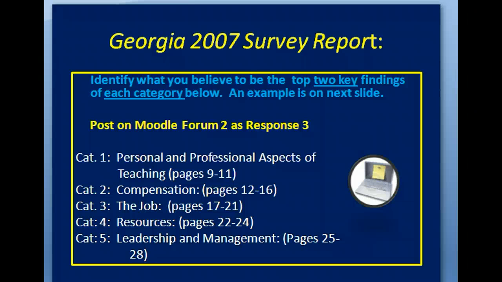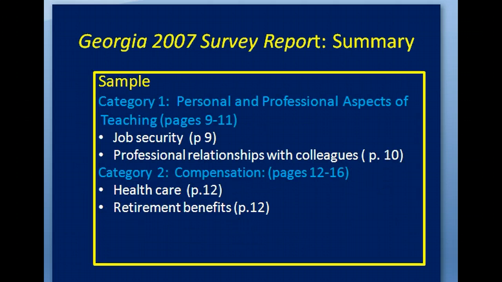So in other words, category 1, personal and professional aspects of teaching, pages 9 through 11. Look at that category and look at the findings and select 2 findings that you think are most important. Now, if you go to slide 10, you'll see an example.